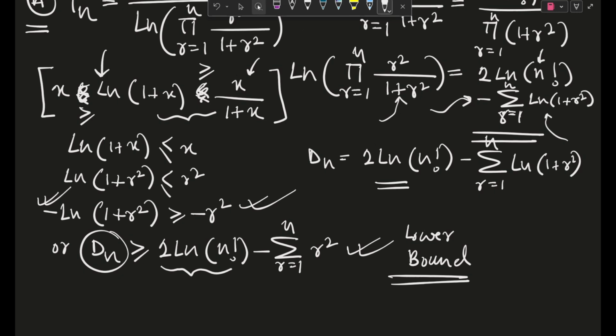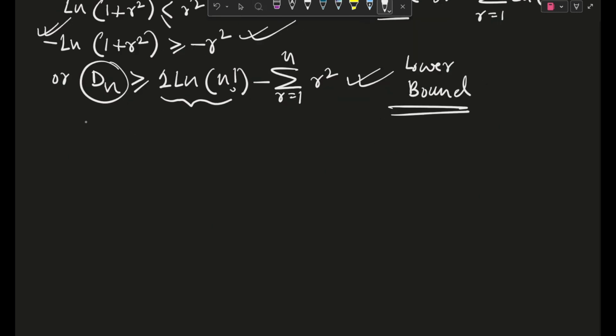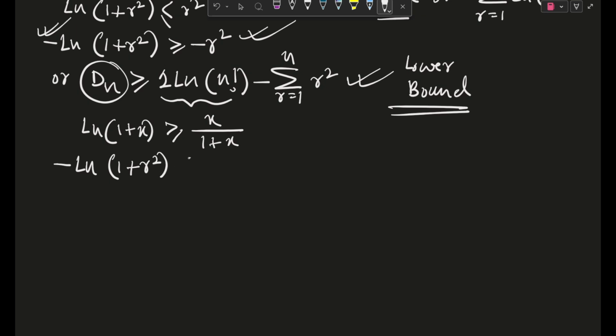So let's do that. So now we will write ln of 1 plus x is greater than or equal to x by 1 plus x. Okay, so minus of ln 1 plus r square will be less than or equal to, because minus on both sides, minus r square by 1 plus r square. I just jumped one step. Okay, I hope it's comfortable.